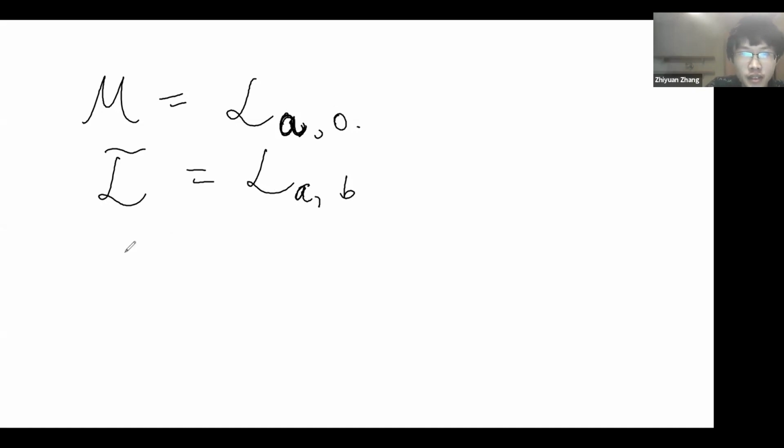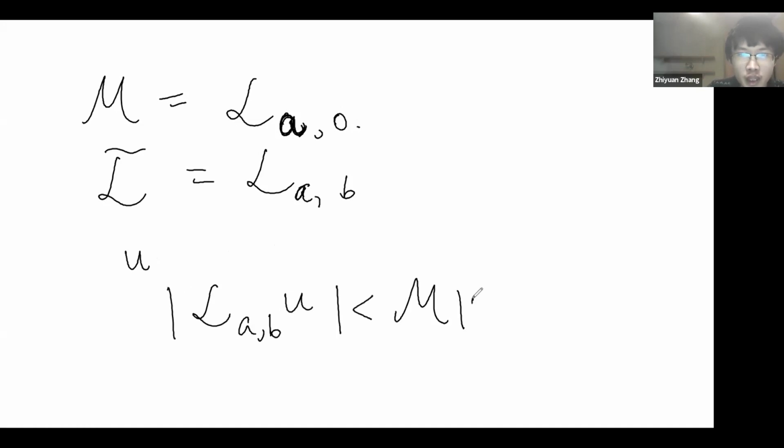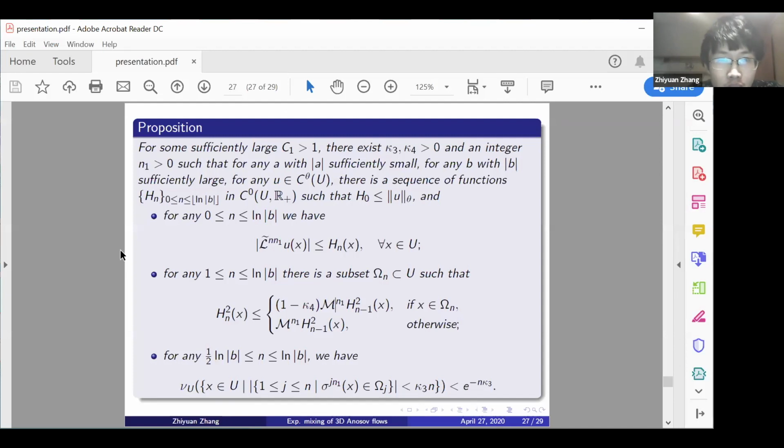For instance, if you have U here, you clearly have that the absolute value of U is smaller than M applied to the absolute value of U. I think Professor Lai-Sang Young's question is related to the following.